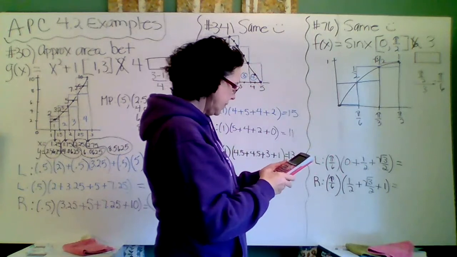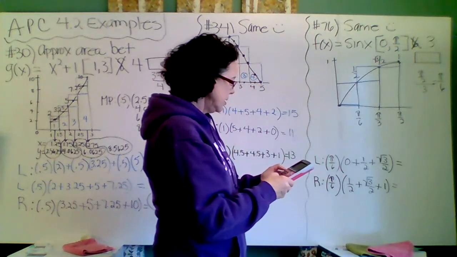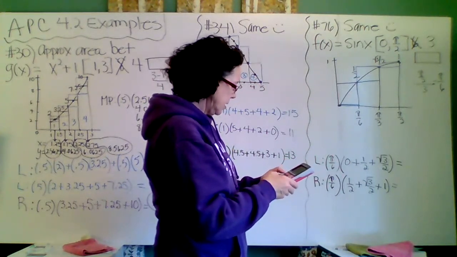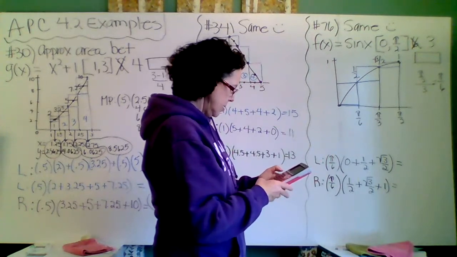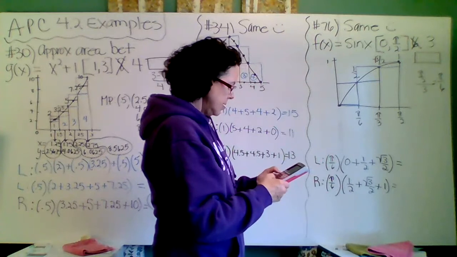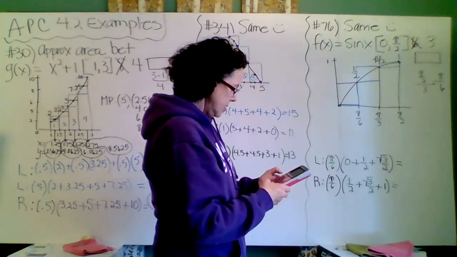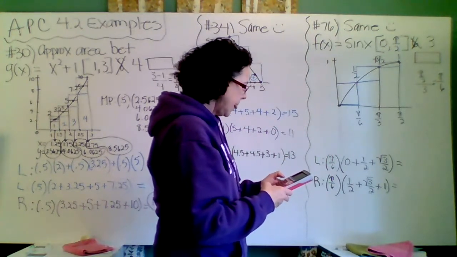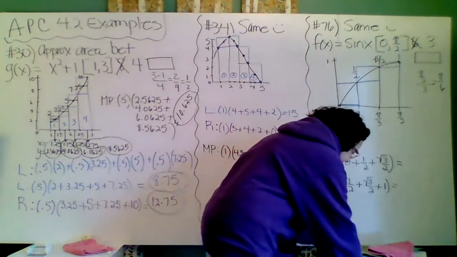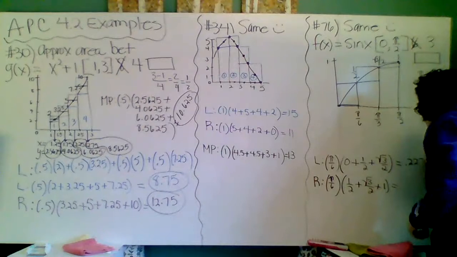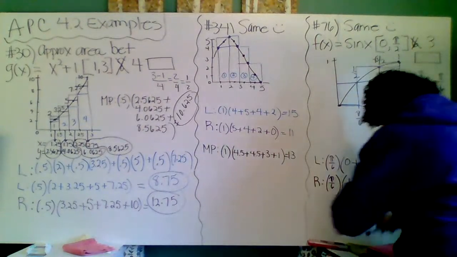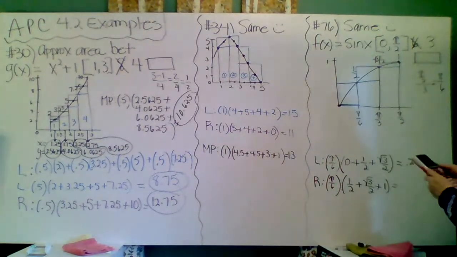So that's plus, oops. There we go, 0.227. And then let's do this one here.